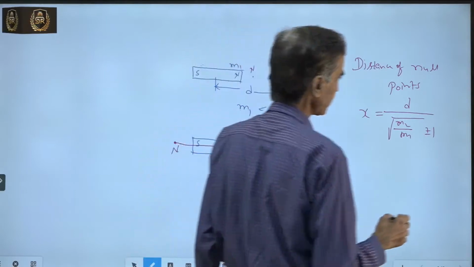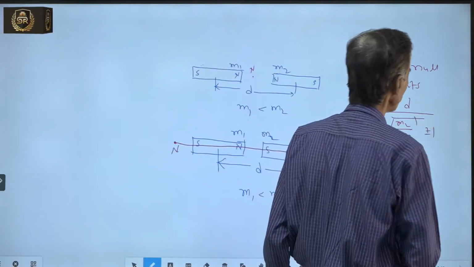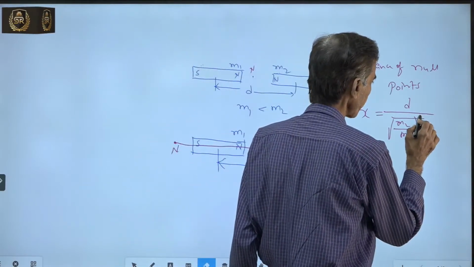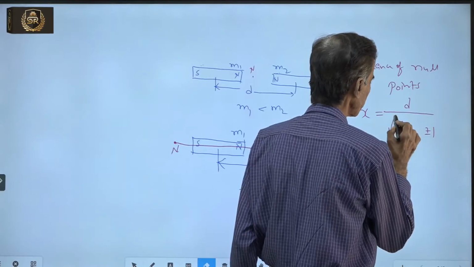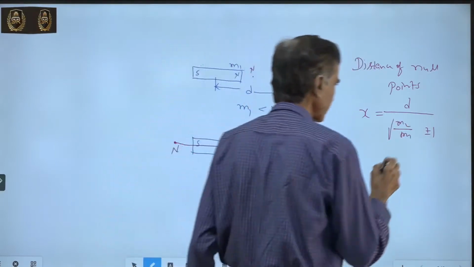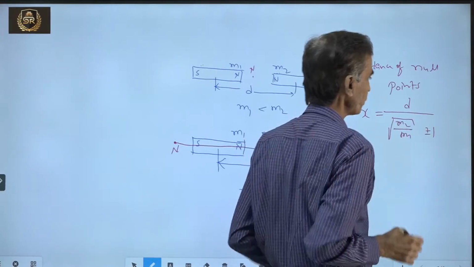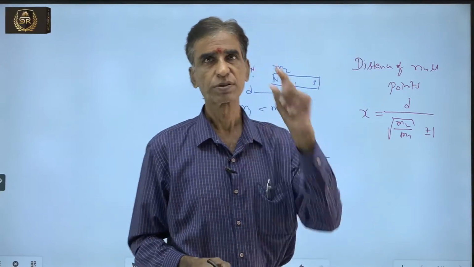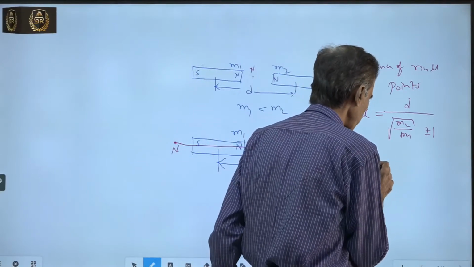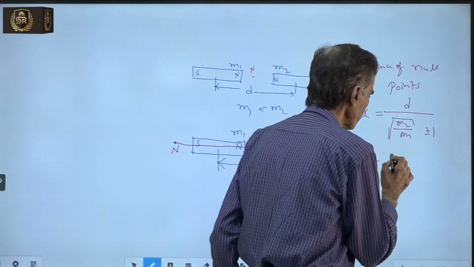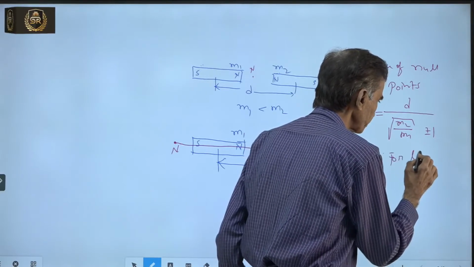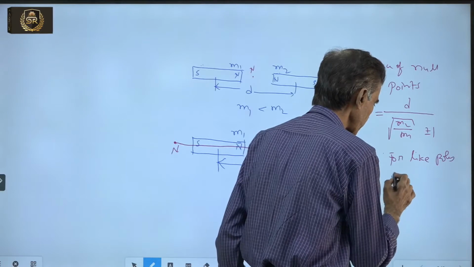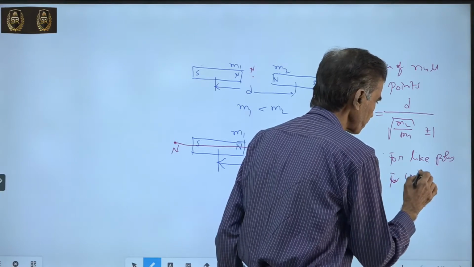The root is only up to m2 by m1, so root of m2 by m1, plus or minus 1. Plus is for like poles, and minus is for unlike poles.